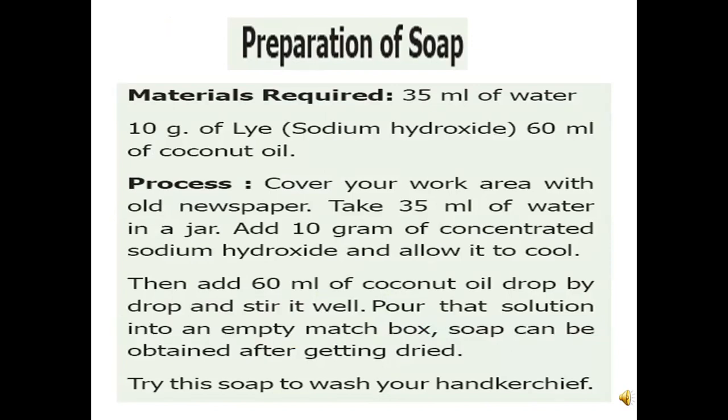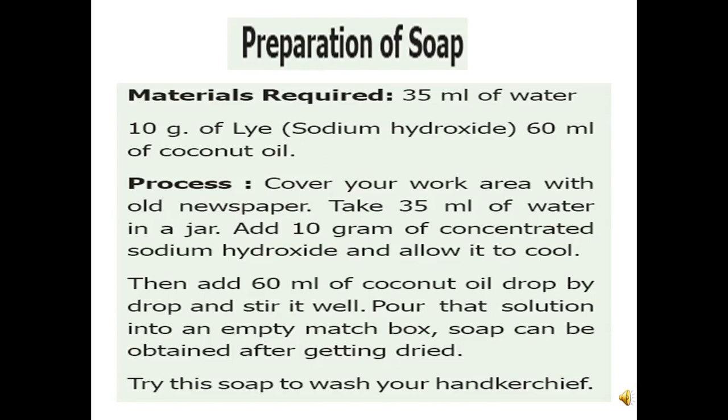Procedure. First step, cover your work area with old newspaper. Second, take 35 ml of water in a jar. Add 10 gram of concentrated sodium hydroxide and allow it to cool.